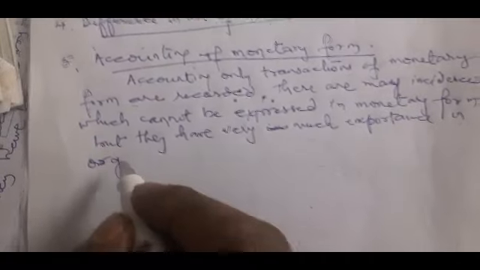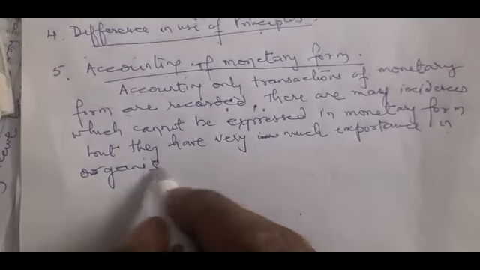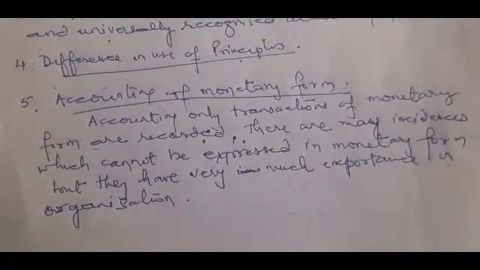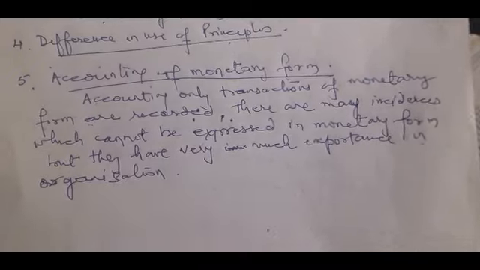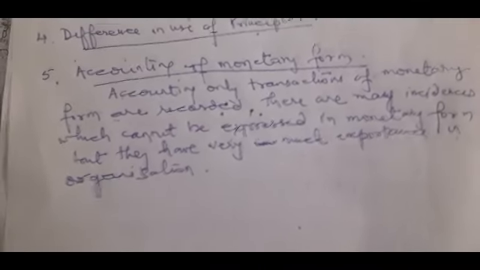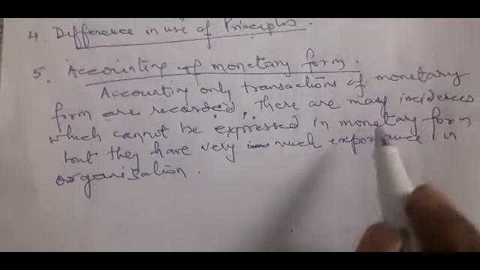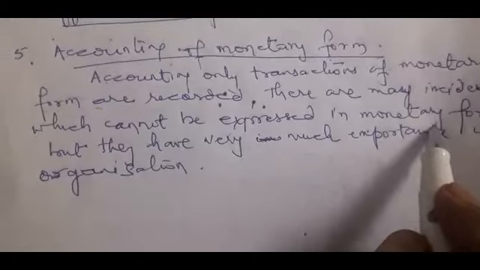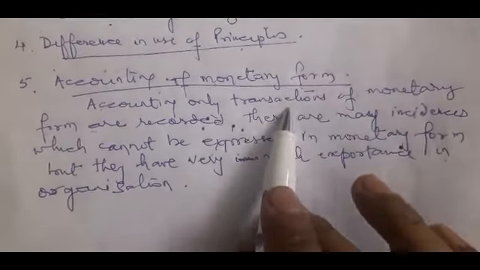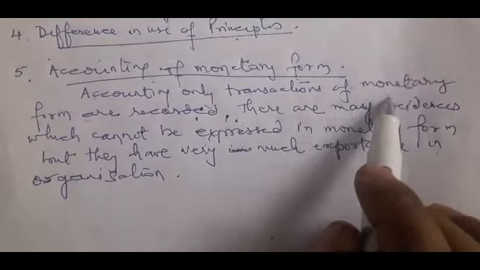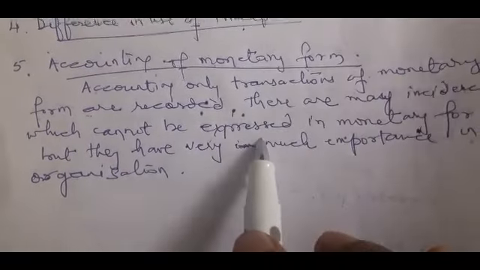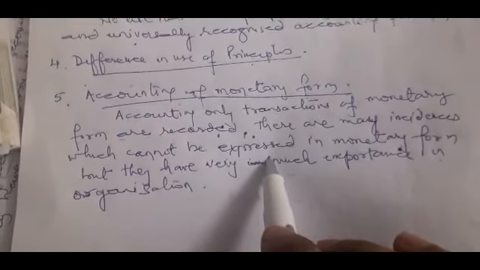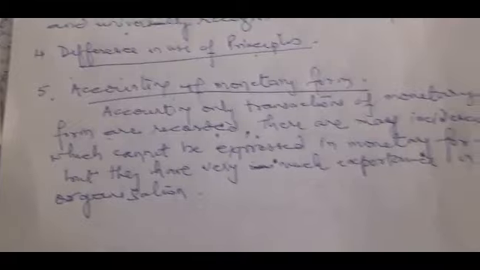And they are not recorded in the books of accounts, just because they cannot be expressed in the monetary form. So this is a very important limitation, that in accounts only monetary transactions which are in the form of money are recorded, and the non-monetary transactions, however important they may be, are left out in accounts.